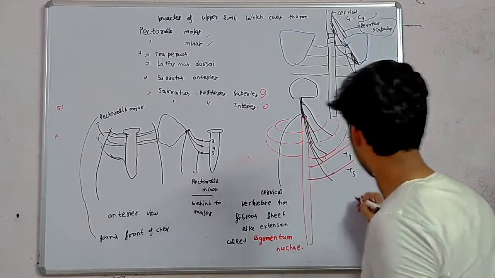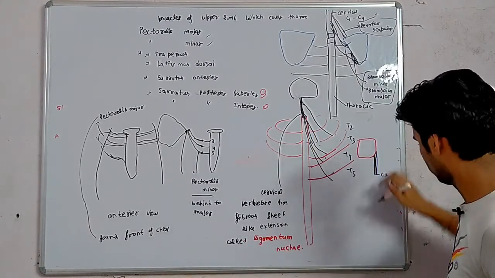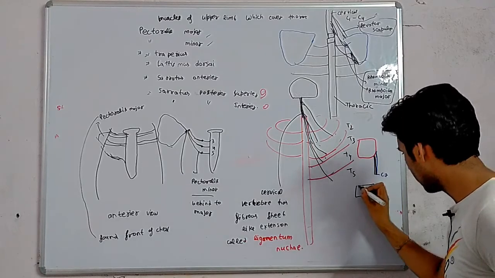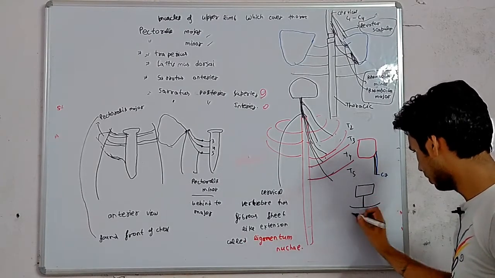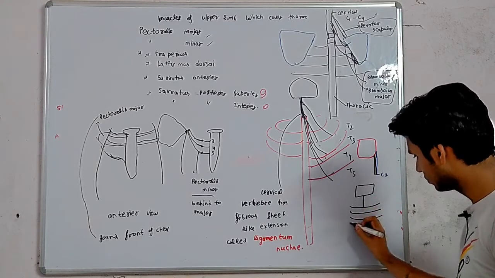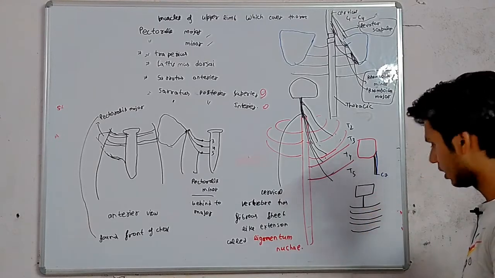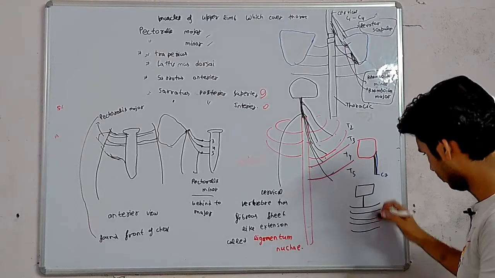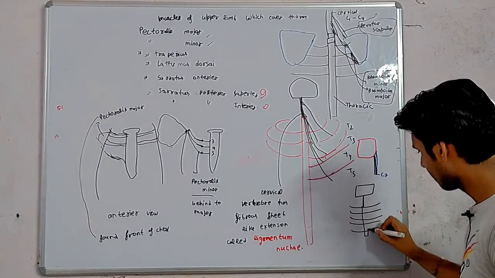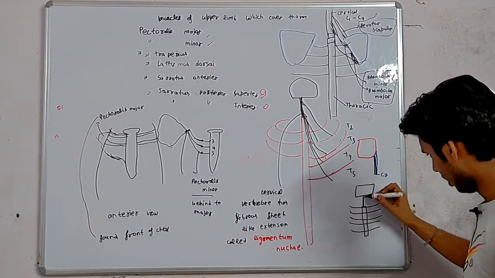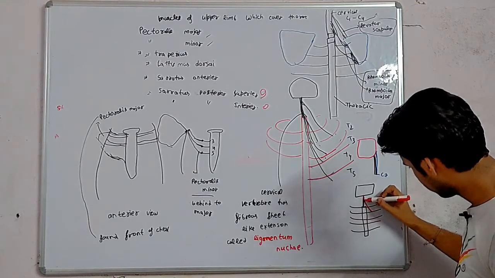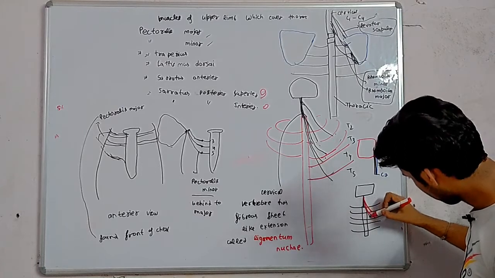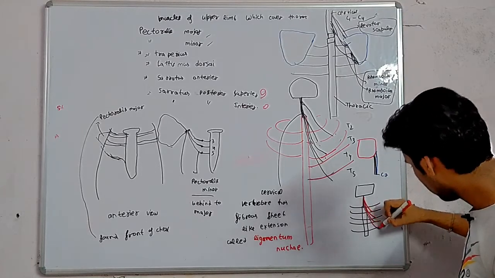Like this. This is the skull, the cervical region, the ribs. It covers like this, arising from this area and going like this, covering 4 ribs.